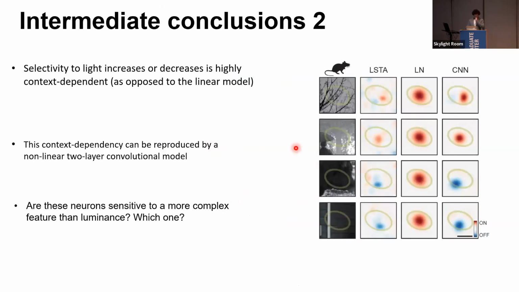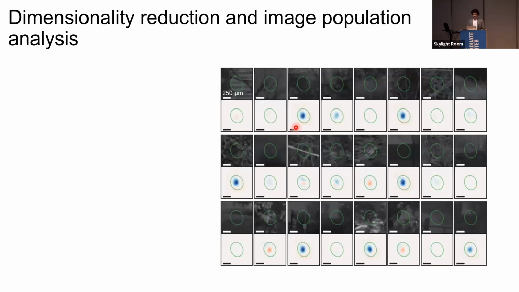So we showed that selectivity to light increases or decreases is context dependent. And we showed that this can be reproduced by a nonlinear 2-layer convolutional model. We still have to investigate what this means in terms of what the neuron is responding to. And to do that, we use the model to predict the local STAs for all the 3,000 images.